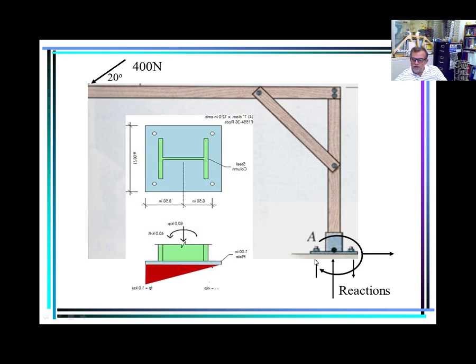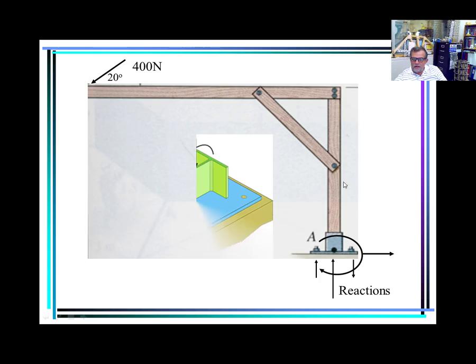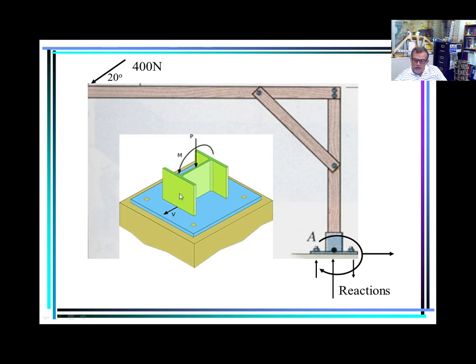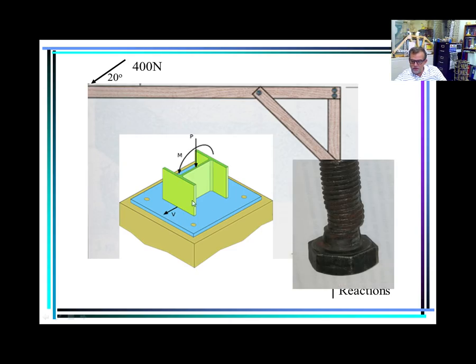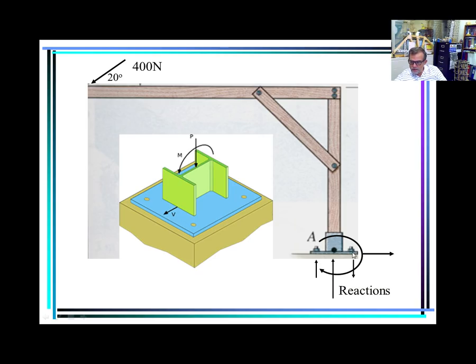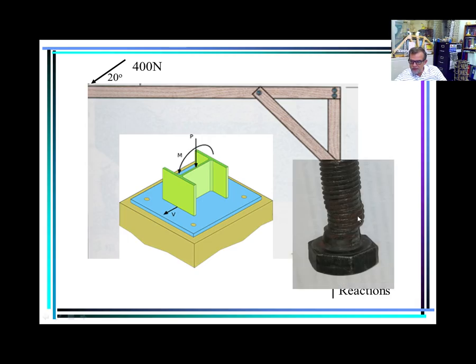Now with the vertical reactions and this moment also, you can see how the soil here internally behaves, and you can calculate that base plate over there also in that part. You can calculate also this with this force here. You can calculate also the bolts, because those bolts, once they are subject to this force, they might try to shear. You see this bolt here, if this gets pushed in this direction, the bolt can fail in that way over there.